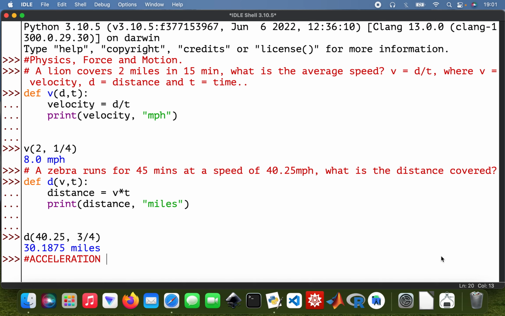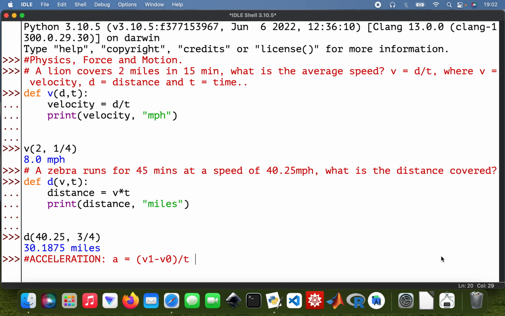Okay, and my formula for that is a, which stands for acceleration, equals v1 minus v0 divided by time t. So v0 is the starting speed, and then v1 becomes my speed after time t has passed.